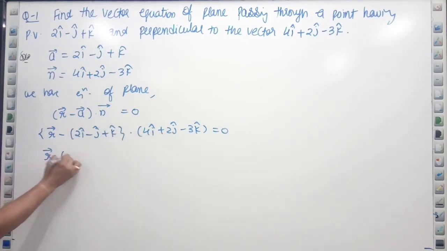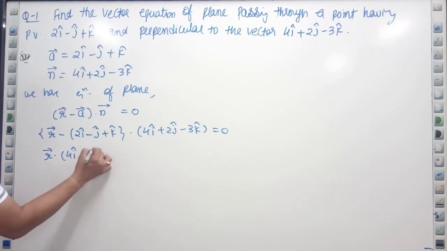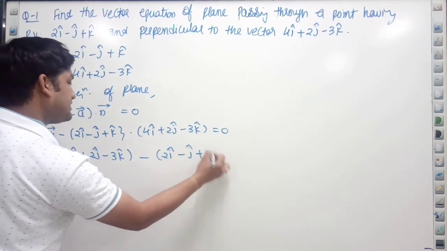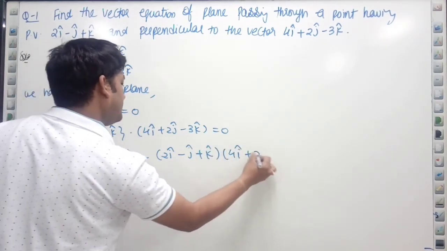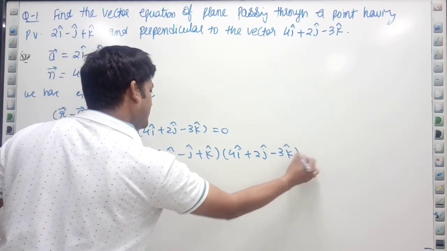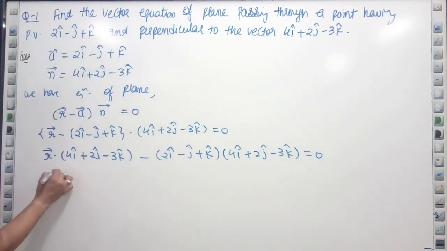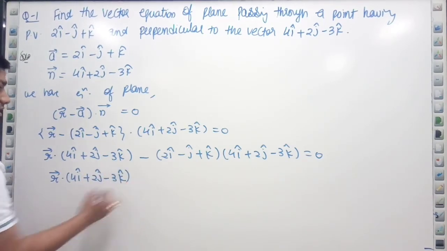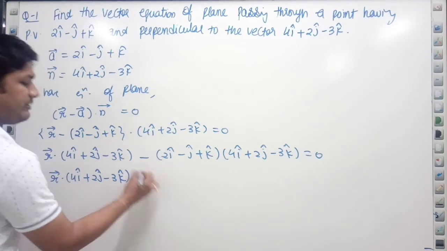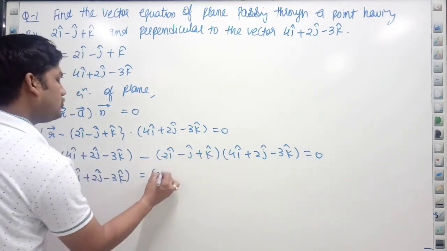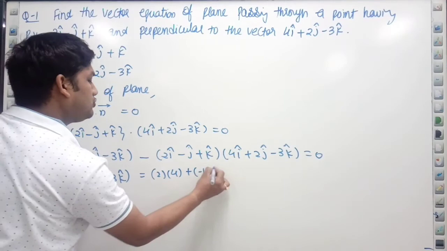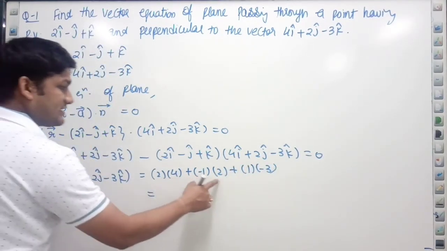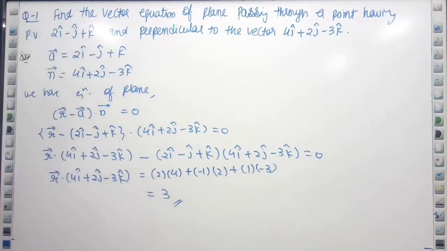So r dot 4i plus 2j minus 3k minus (2i minus j plus k) dot (4i plus 2j minus 3k) equal to 0. Now I take this to the right side, it will be positive. Now the i components multiply: 2 into 4, j components: minus 1 into 2, and k components: 1 into minus 3. So this will be 8 minus 2 minus 3, and this is the answer.